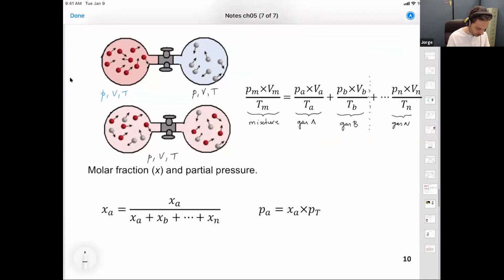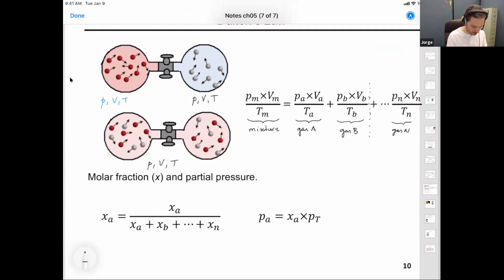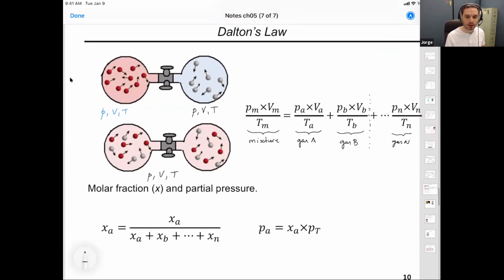Therefore, we don't need to talk too much about mole fraction and partial pressure, because that's not going to be explored either.